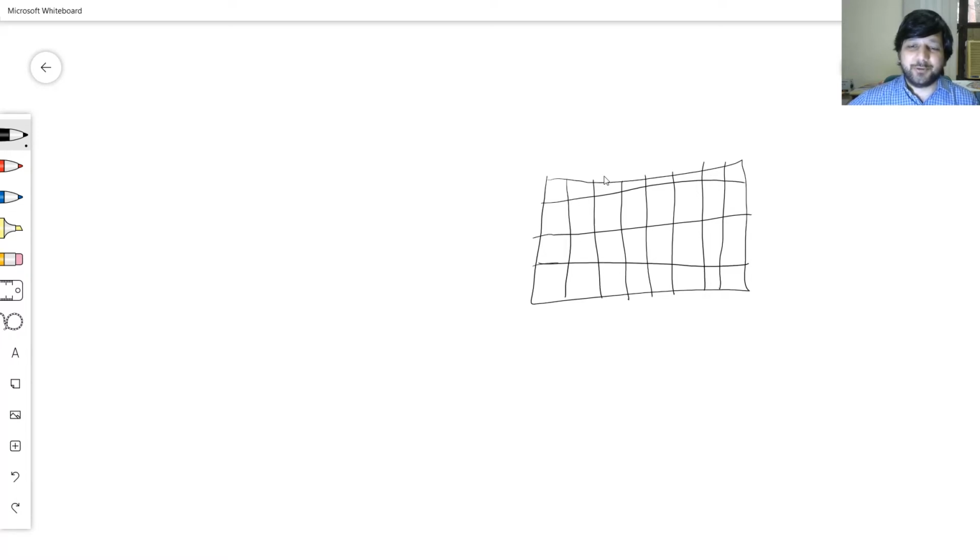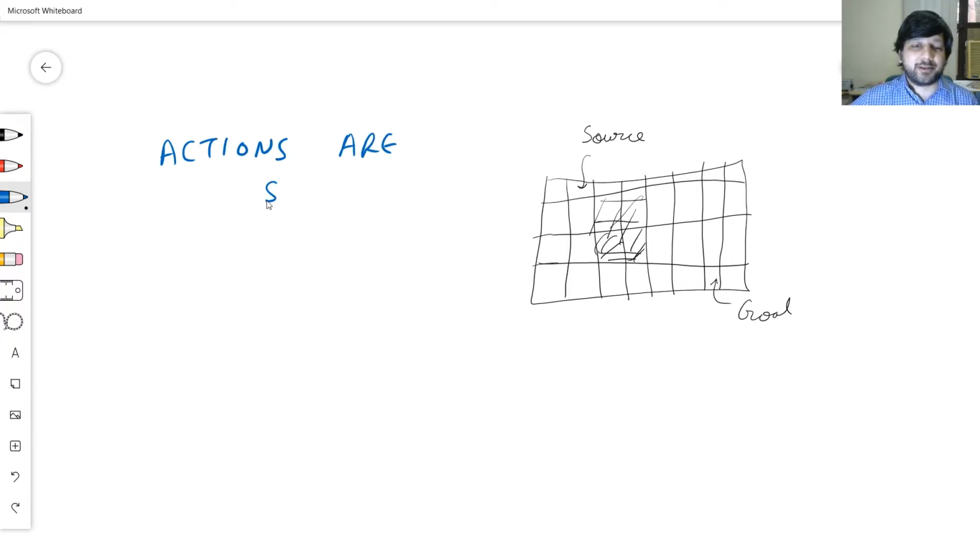All I have to do is to find a path from a source all the way up to a goal with some obstacles, in general any state space. The only change that I have now is that my actions are stochastic.